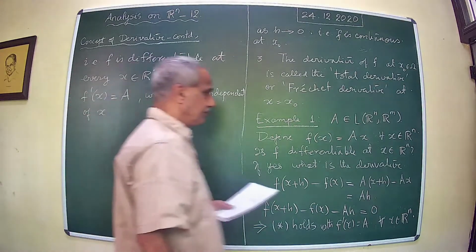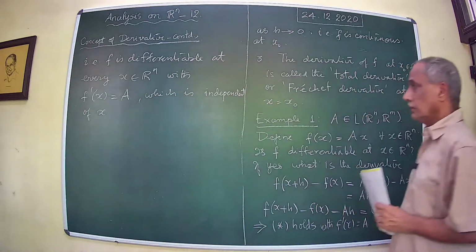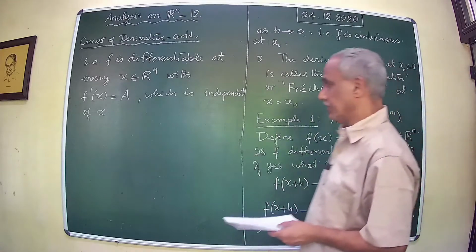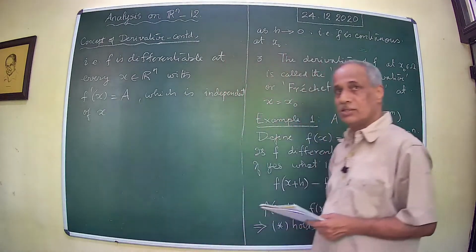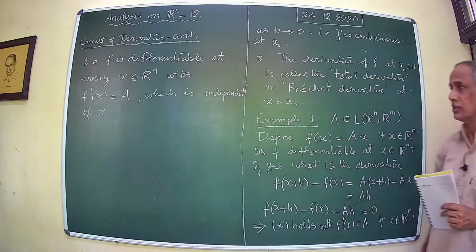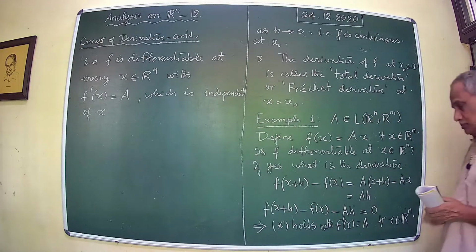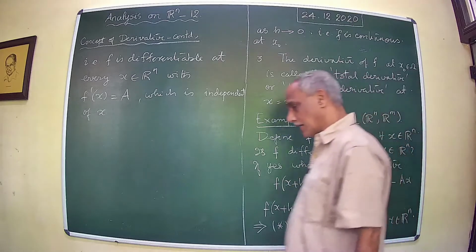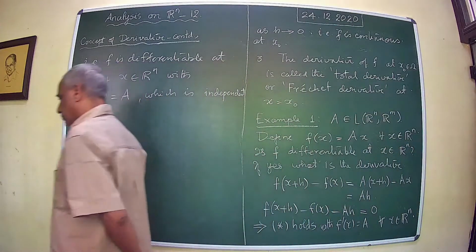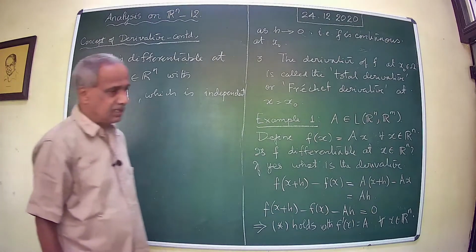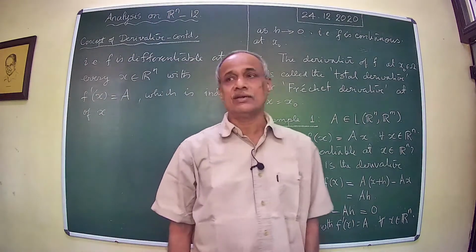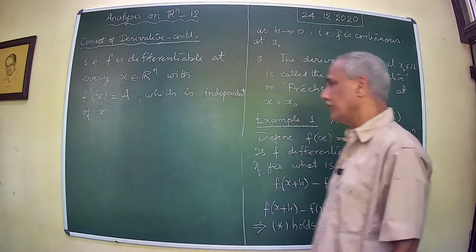Therefore, you have a constant derivative. The constant derivative is given by the linear transformation A. So, for every linear transformation A belonging to L, Rn, Rm, the function f of x equal to Ax is a differentiable function with a constant derivative.